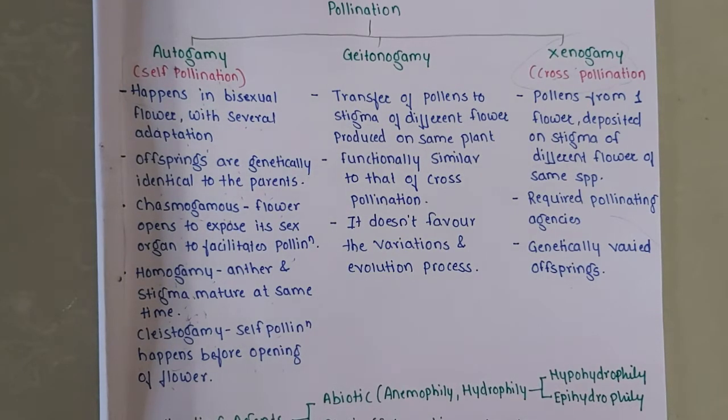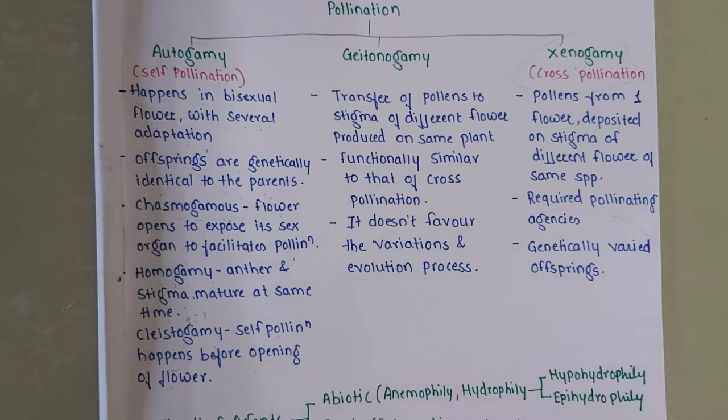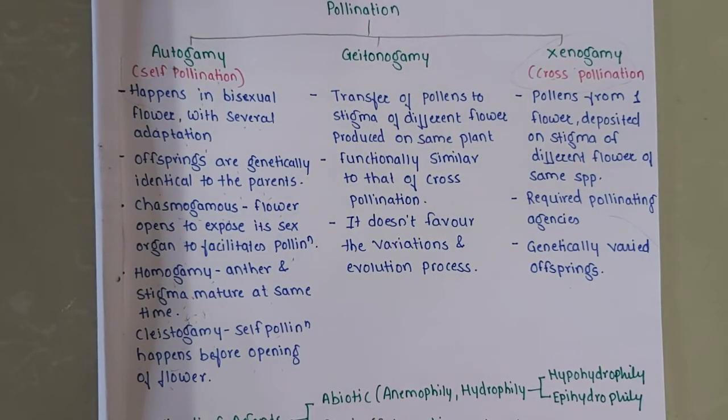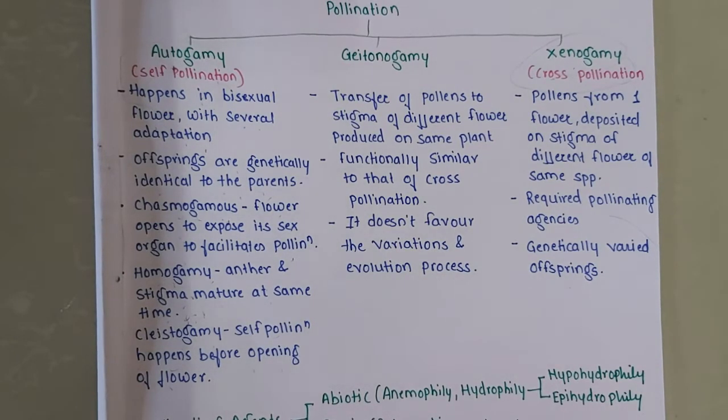So the three terminologies you have to remember: chasmogamy, exposing the sex organs of the flower to facilitate pollination; homogamy, anther and stigma maturing at the same time; and cleistogamy, self pollination before the opening of the flower.